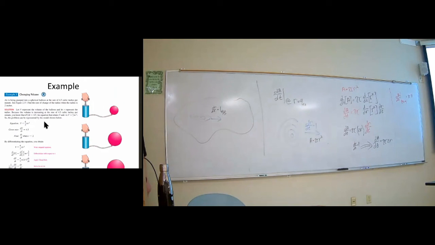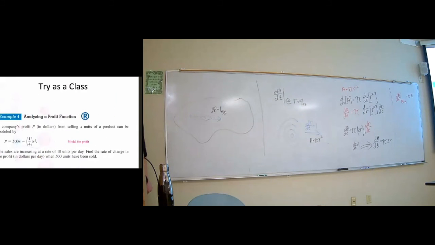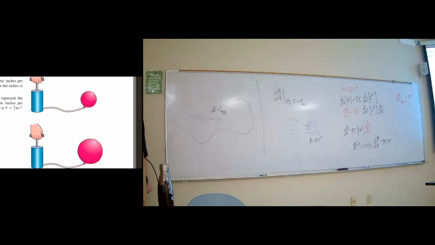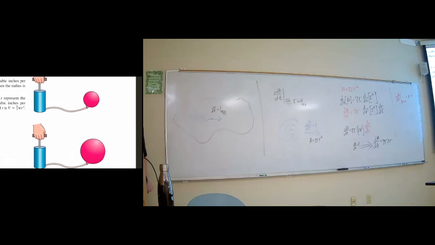We want to find the change in radius with respect to time, when the radius is equal to 2 inches. So we're pumping up this balloon. The volume's going to change.